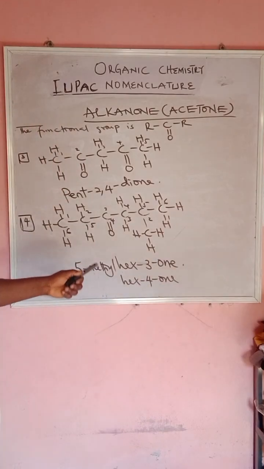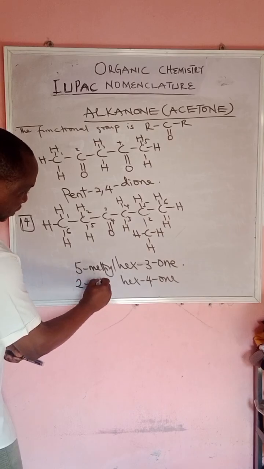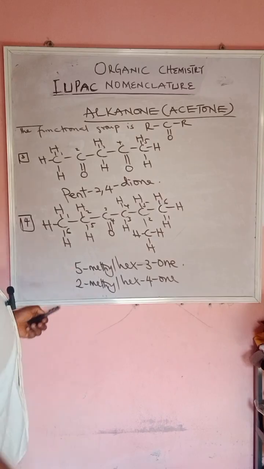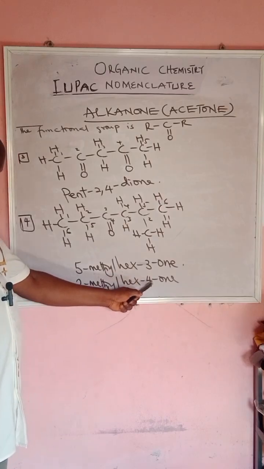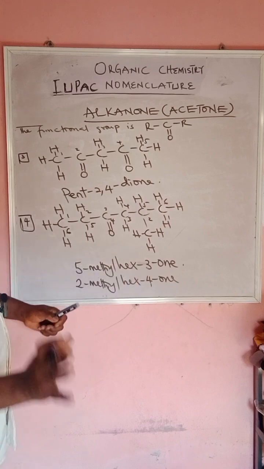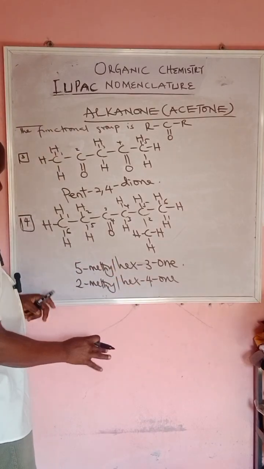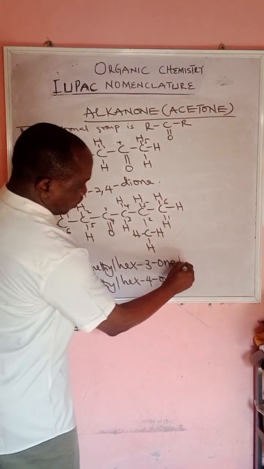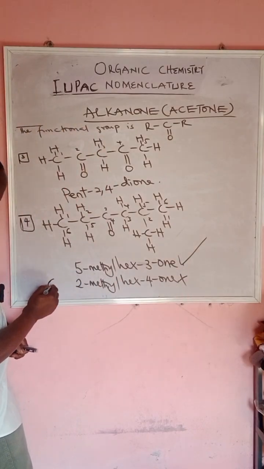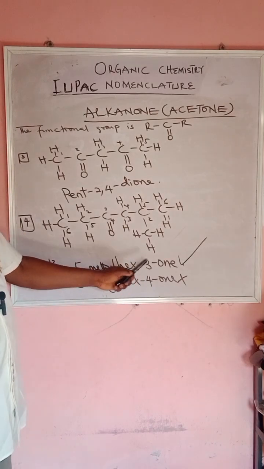So 2-methylhexan-4-one. When you add, be careful here. When you add 3 plus 5 is 8, 4 plus 2 is 6. The rule says you must take the lower number, but the functional group supersedes. The one with the lower functional group number, that is 3, is the correct one. This one is not, despite the fact that the addition of this is 6 while this one is 8. The functional group is taken into consideration first. So this is the priority. Please take note of that.